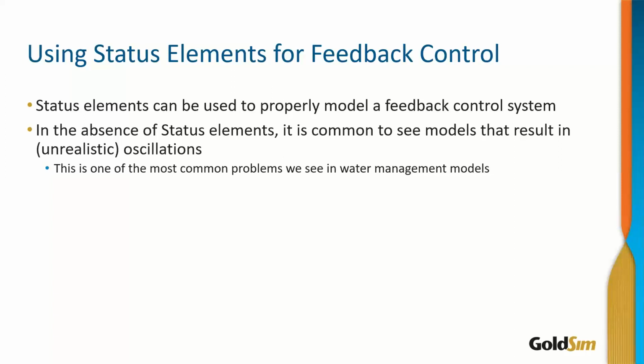If you don't use status elements to do this, you can run into big problems. In particular, you can get oscillations in your models. And of the models that are sent to us for debugging, this is probably the most common problem we see when people send us a water management model. They say, my model is oscillating, I don't understand why.